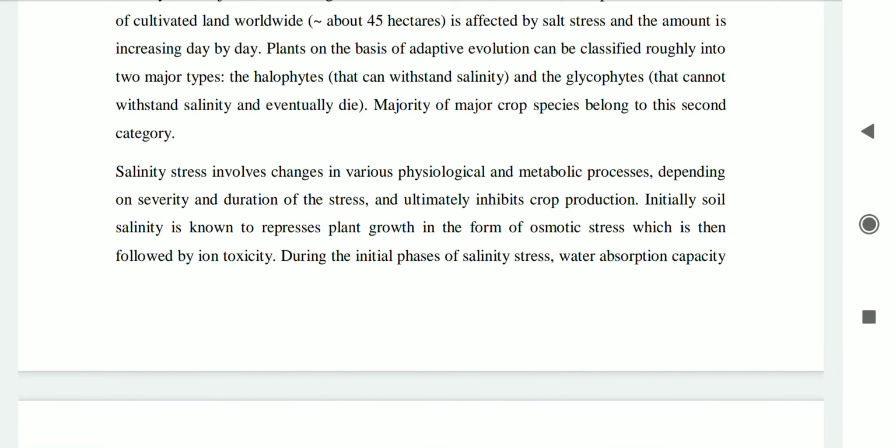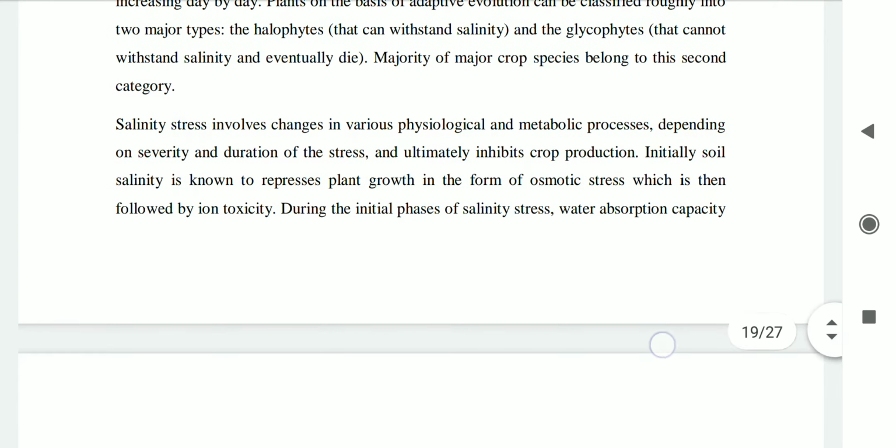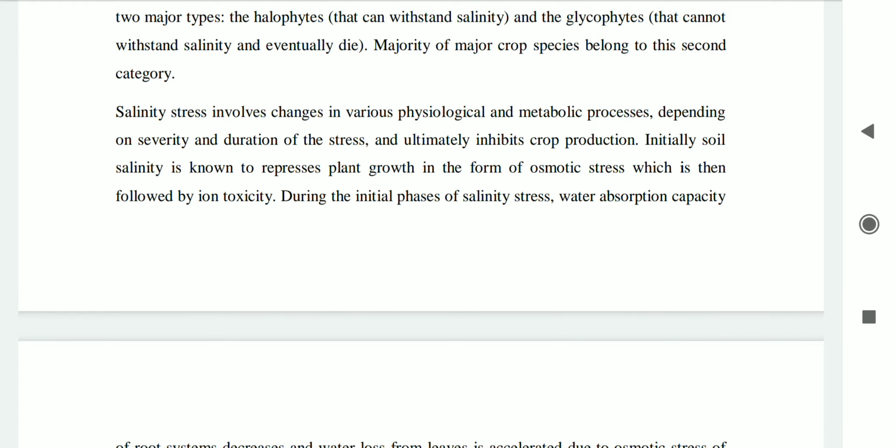So what happens when there are highly saline conditions? The osmotic pressure of the cells increases because of the high ion content.